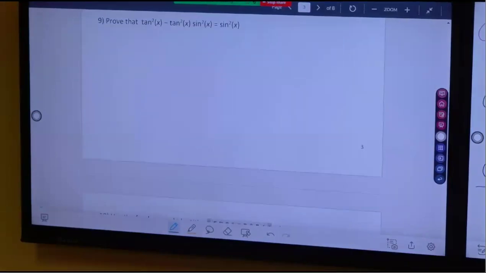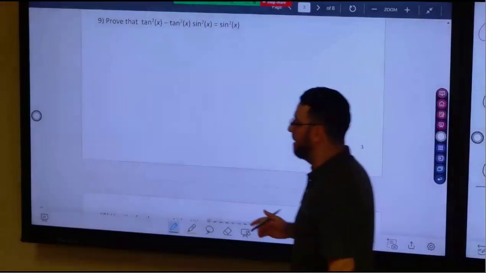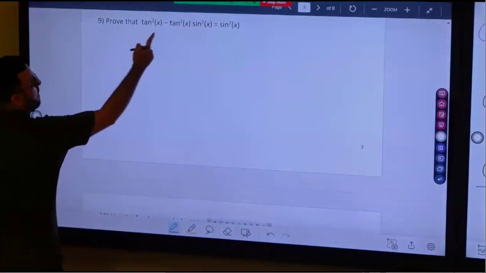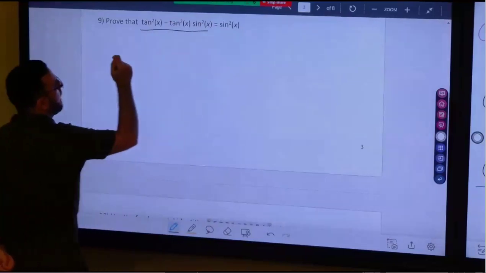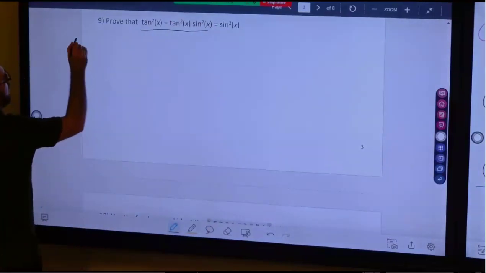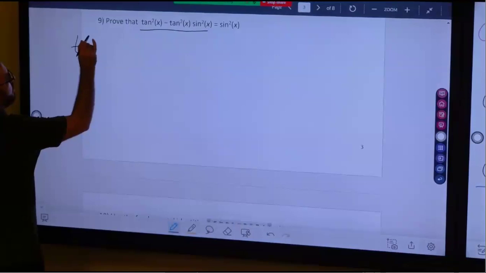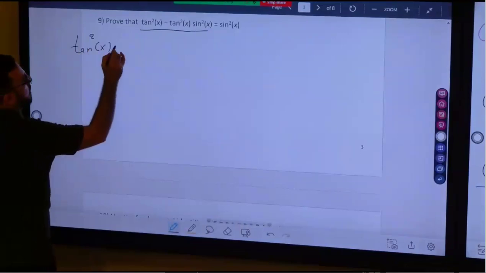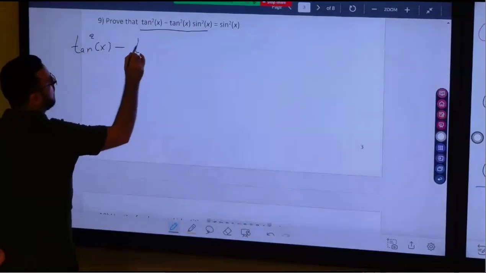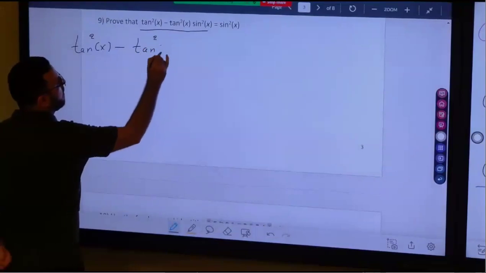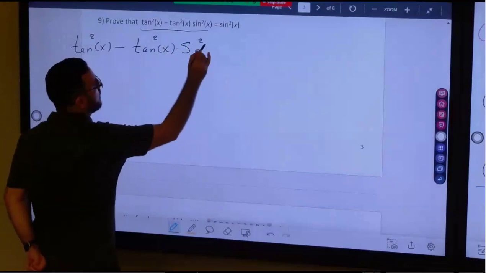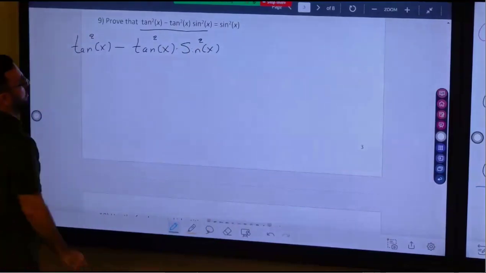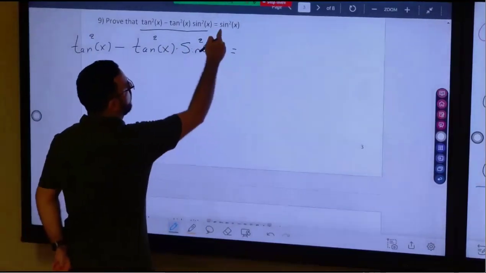It's challenging, but accept the challenge. Write down, because that's my goal. Prove this side equal sine squared. So I'm gonna say tangent squared x minus something times sine squared x. Now I need to prove this one equal this side.